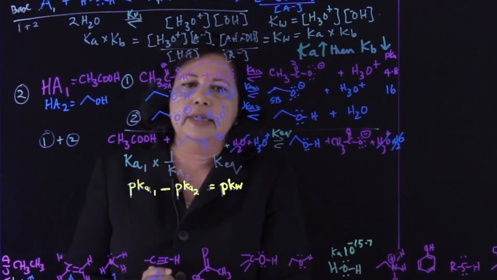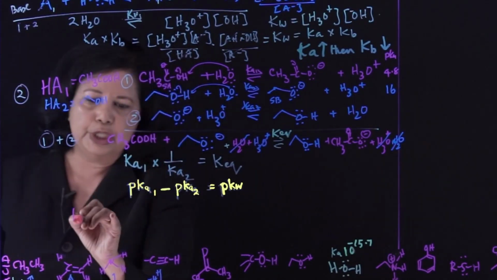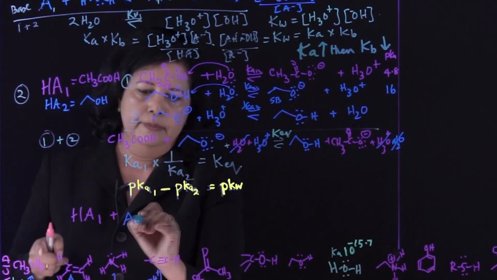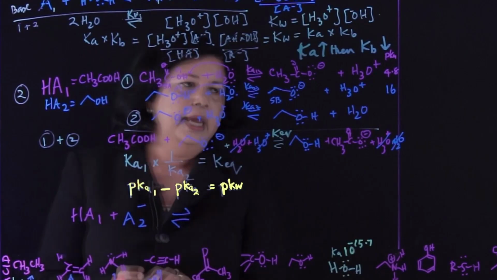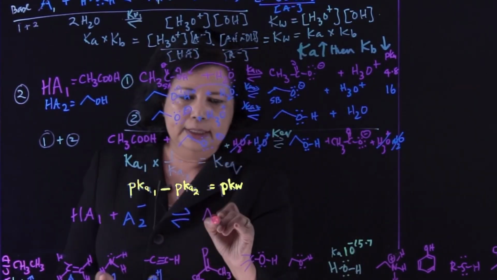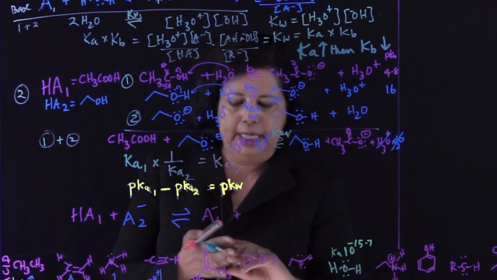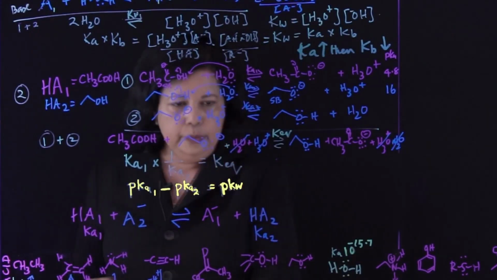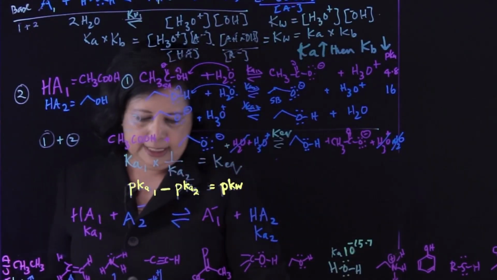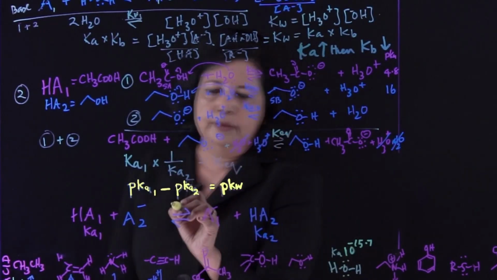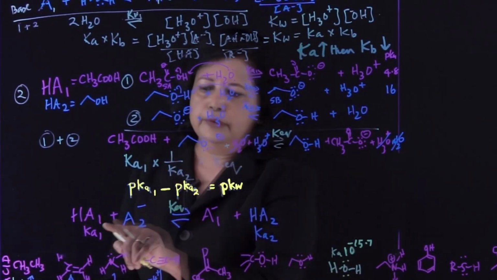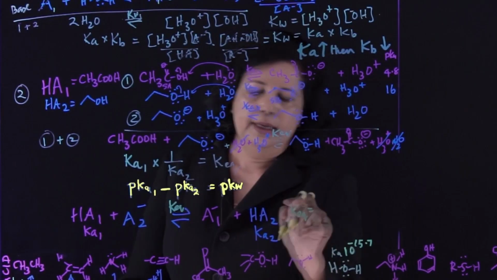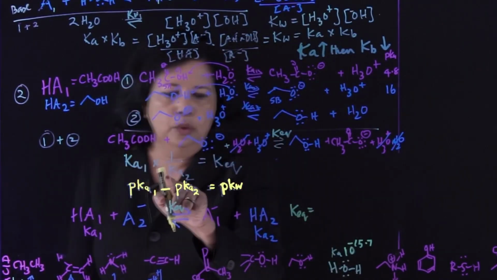And whenever you write down an equation like this, let's say HA1 plus A2 minus gives you A1 minus plus HA2. If you have two acids in a system, just like this equation says, K equilibrium for this would be based off of this Ka1 and Ka2. So K equilibrium is going to be Ka1 over Ka2.